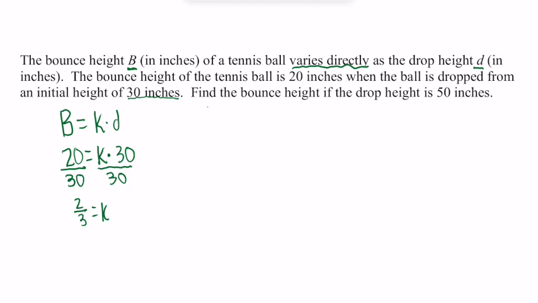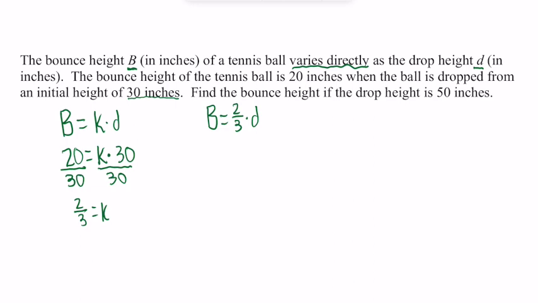Now we can rewrite our basic equation since we know what k is. Instead of b equals k times d, we have b equals 2/3 times d. Now we can answer the last part of the question that says, find the bounce height if the drop height is 50 inches.